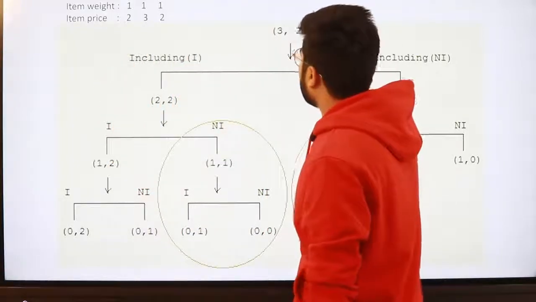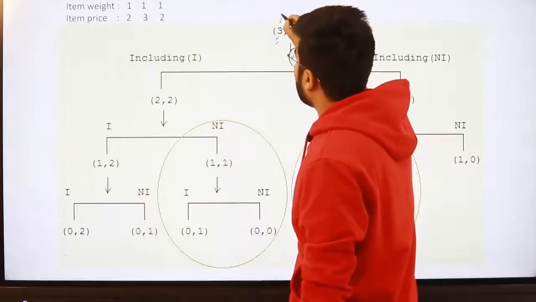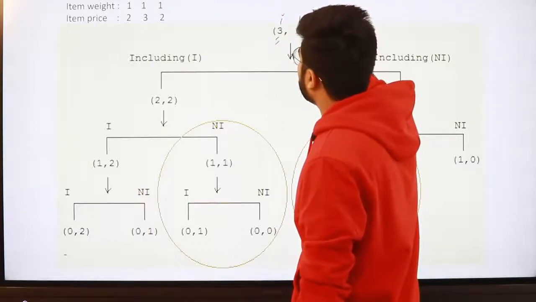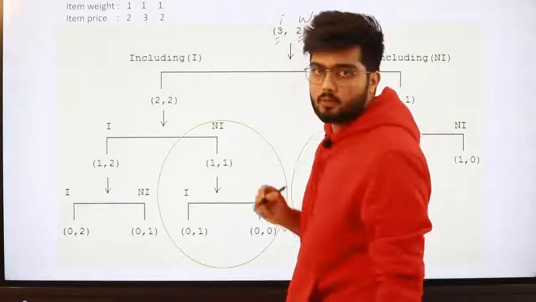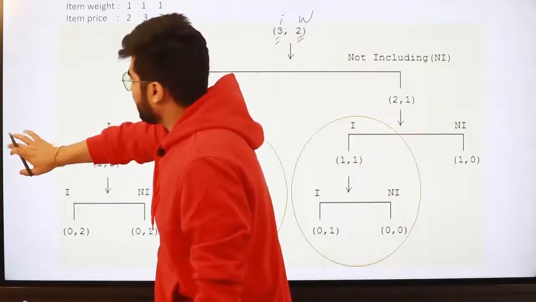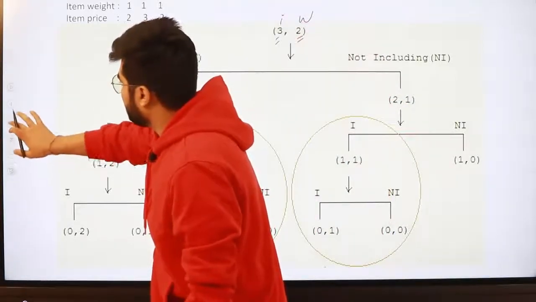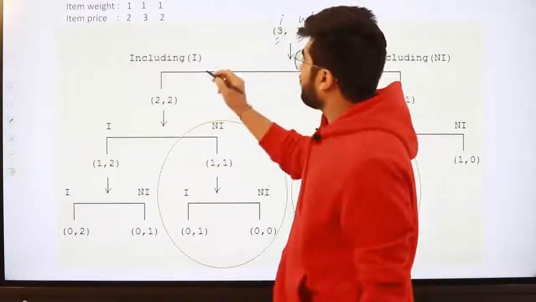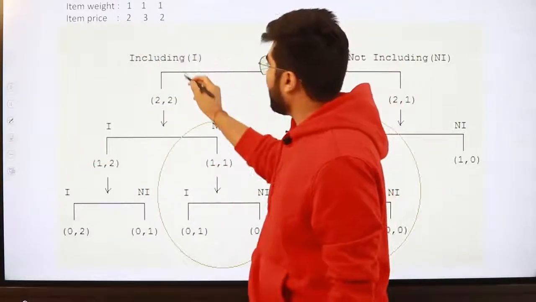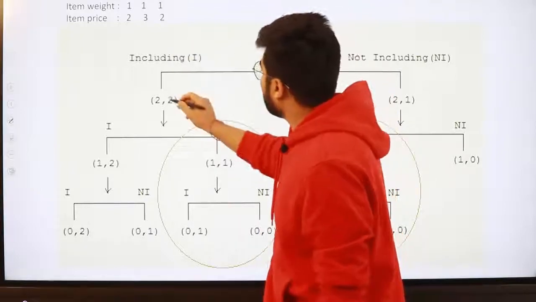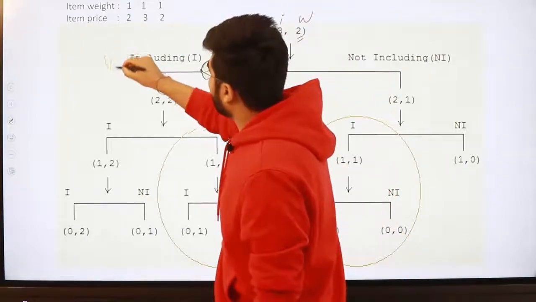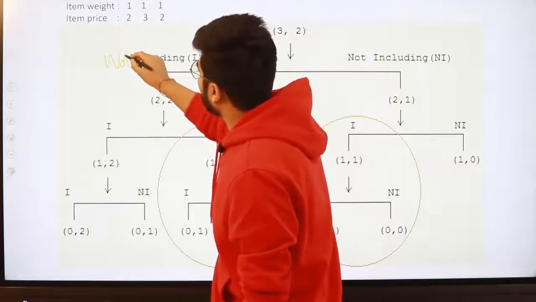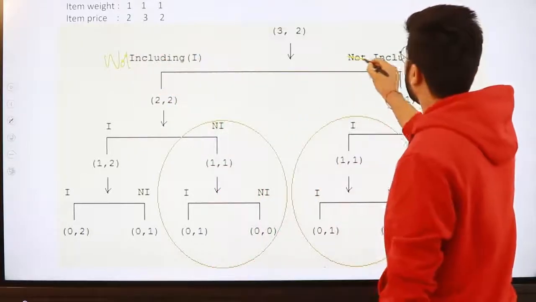Initially we are on item number 3, our I, and we have a knapsack bag capacity of W, which is 2. Now, this will be your not including and this will be your including.